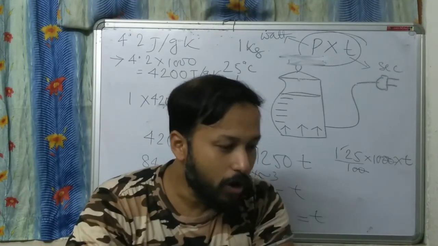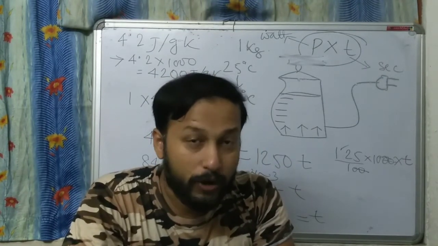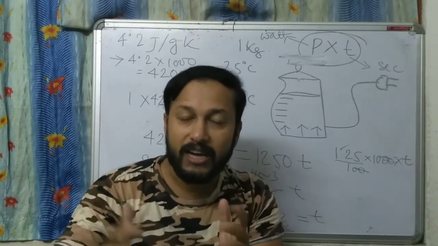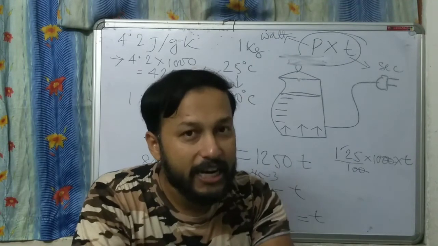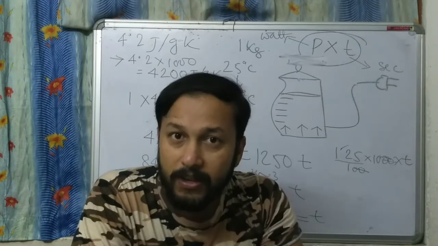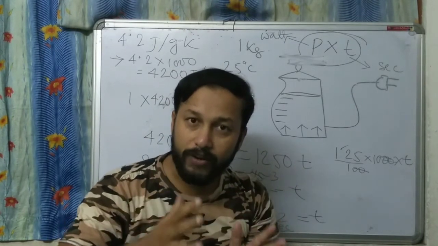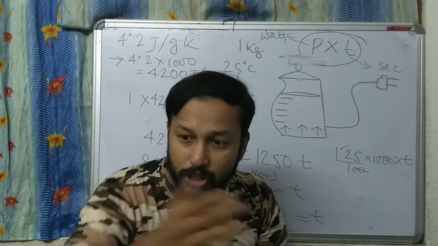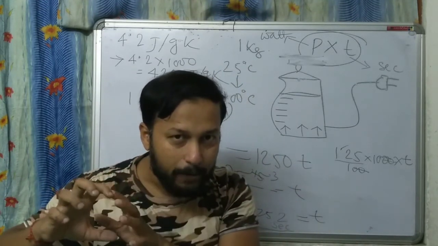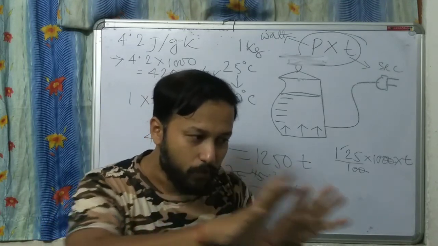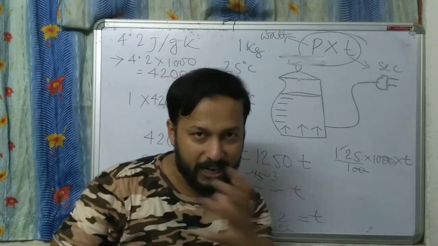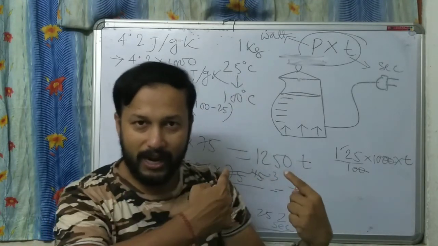And then we saw how to heat a liquid by using an electric device like an electric kettle or induction oven. Induction oven also does the same function; it converts electric energy to heat energy. So the amount of heat taken and the amount of heat given should be equal like this.